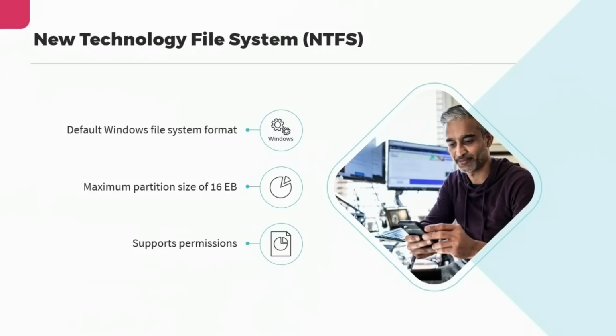NTFS would be found on virtually every Windows device these days, to the point where the only time you might still see FAT32 is with devices such as flash drives, which might be used on other computers, because FAT32 can be made to be compatible with other operating systems such as Mac, although you may have to install services so that each system can read the other's inherent file system, but they typically can't write to them.